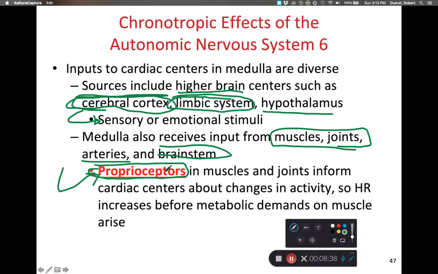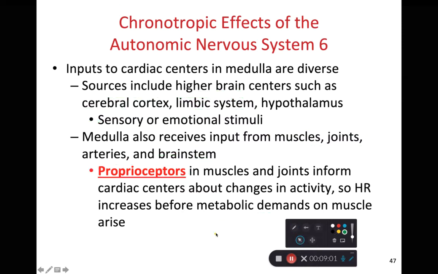It gives us our intuitive feel for how the body is oriented. And these proprioceptors, once our body just starts moving, are going to increase our heart rate. Even before we have the increase in the metabolic demands in the muscle tissue, just the moving of our bodies causes our heart rate to go up.